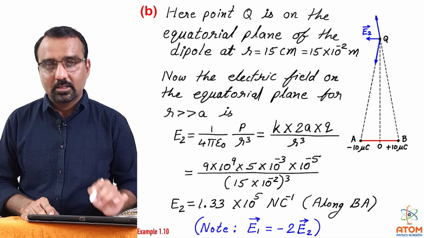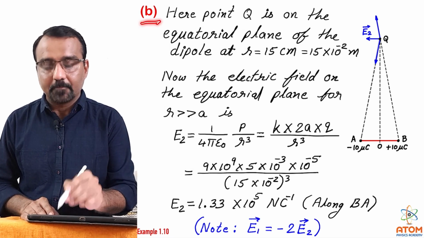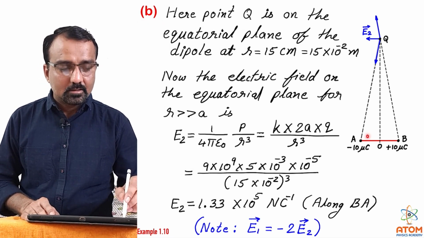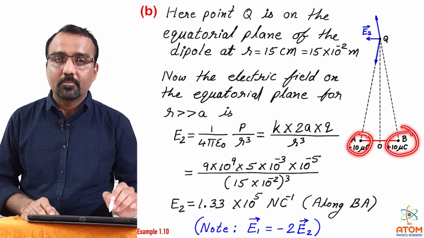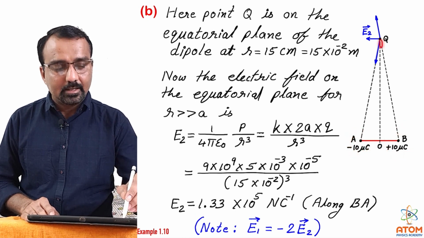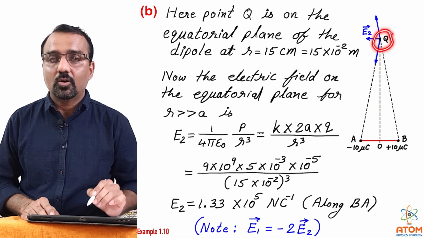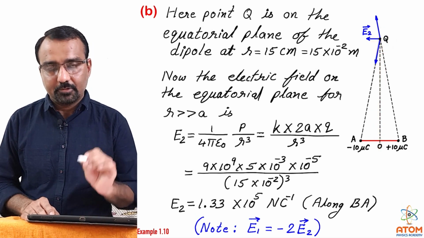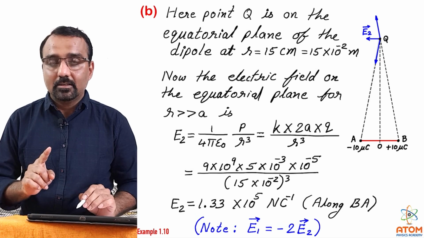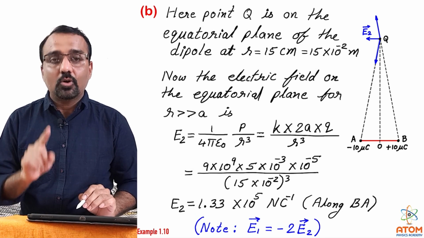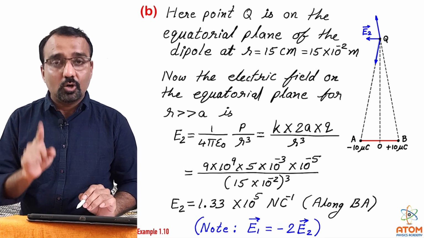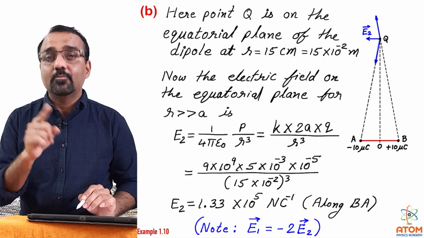Now let us solve the second case, that is B. Again here the dipole is shown with negative Q and positive Q, and here is the equatorial plane and this is the point on the equatorial plane. Now first of all, we know that the electric field of a dipole on the equatorial plane is always in the opposite direction of the dipole moment.